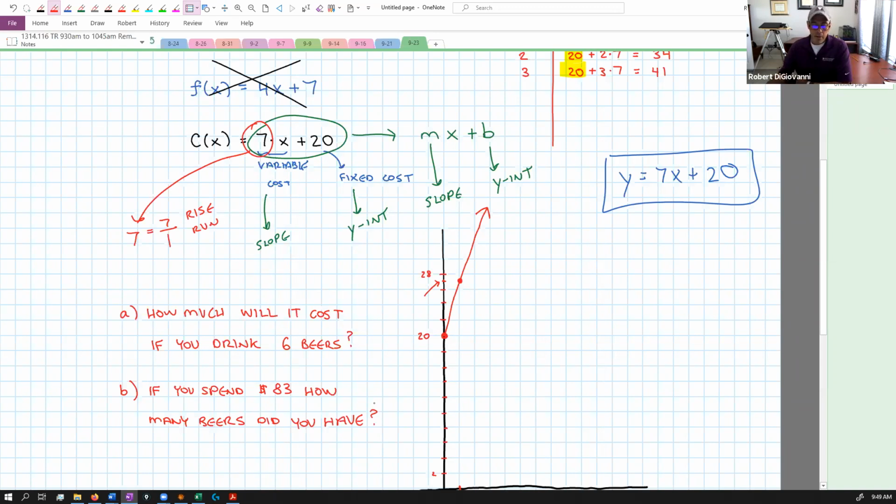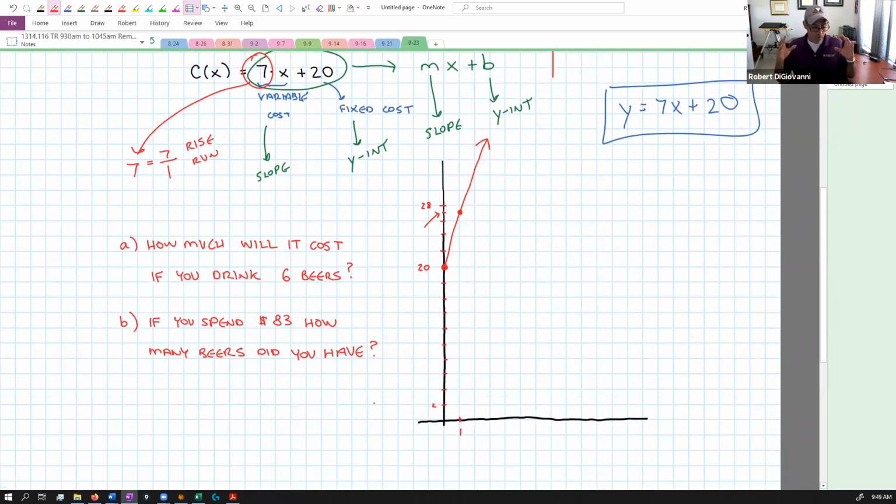All right. So remember, these questions are now based upon this scenario of this NIOSA problem, and we have the function for it. The function, I'll write it to the side, was C of X equals 7X plus 20. The X is the number of beers, and what comes out is the cost.